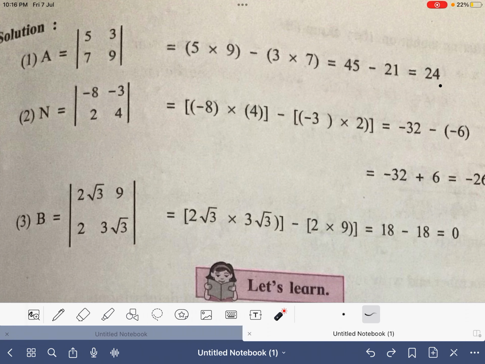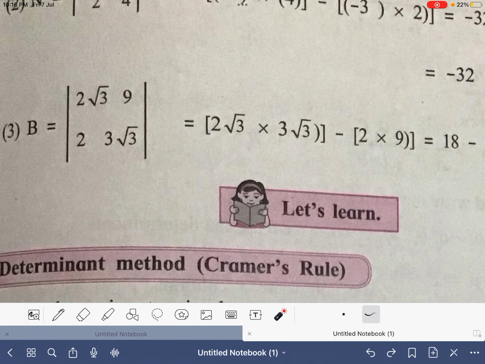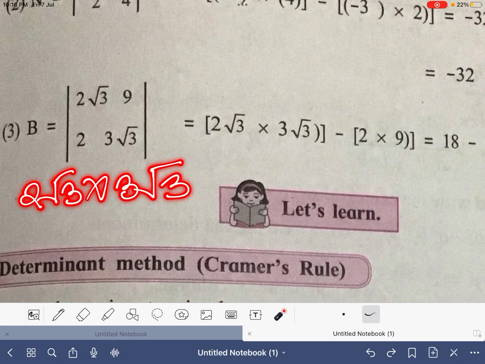So what we have to do, we multiply this 2 root 3 into 3 root 3 minus 2 into 9. So let's solve this one first. So always keep in mind, 2 root 3 multiplied by 3 root 3.